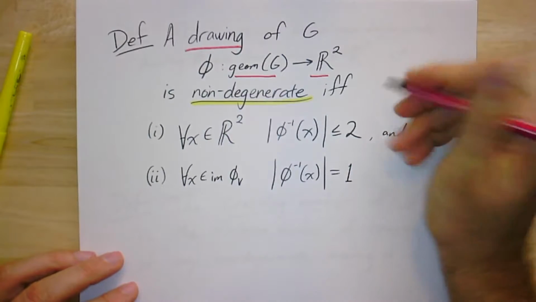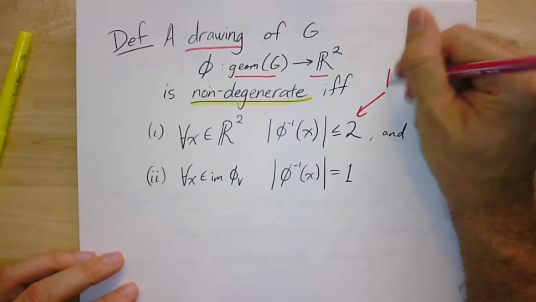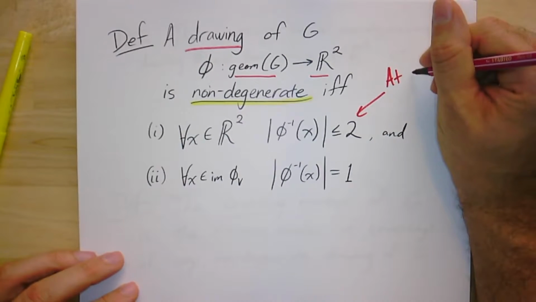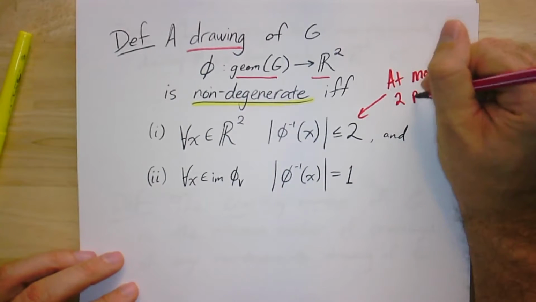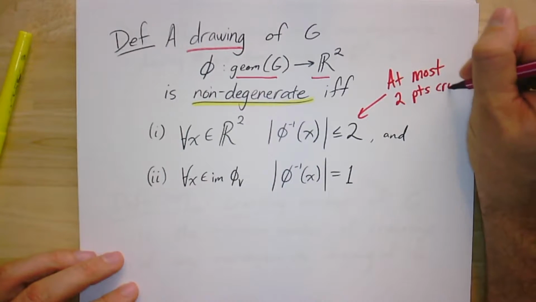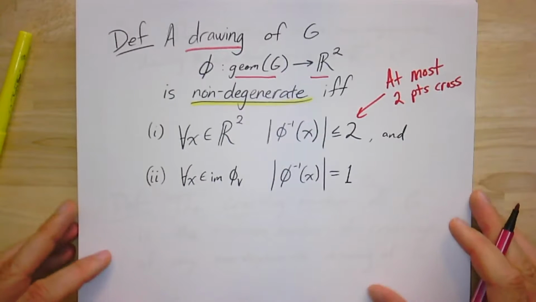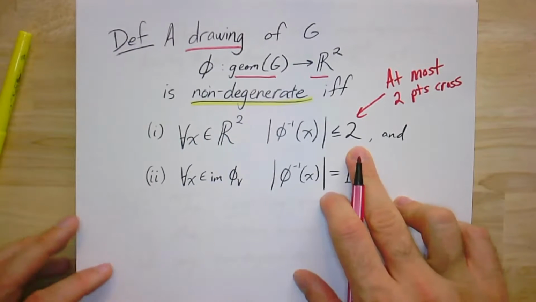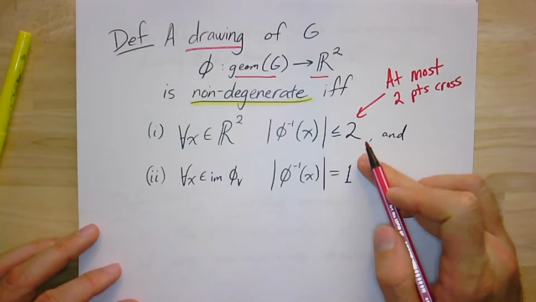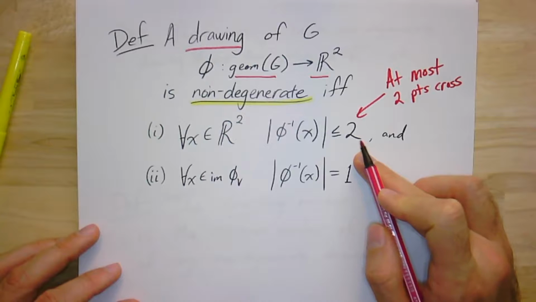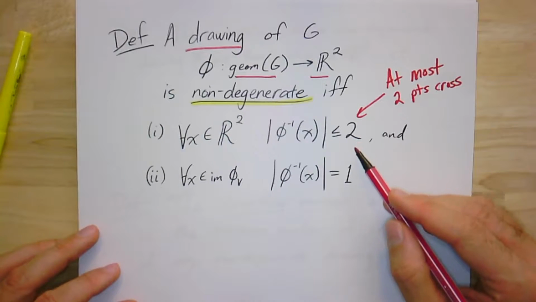That is, really at most 2 points overlap, or 2 points cross, if you will, at any point in the plane. So that's going to allow us to disallow any drawings which pile up a lot of crossings all in one spot in the plane.